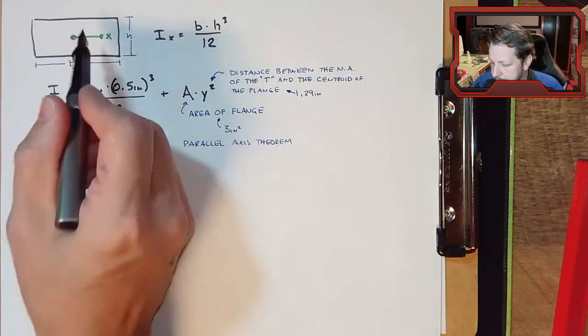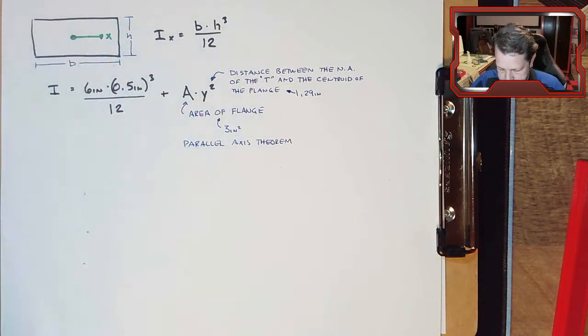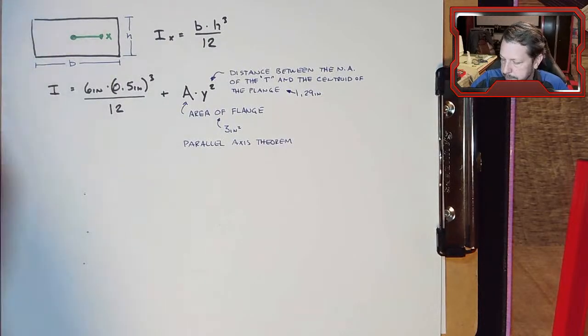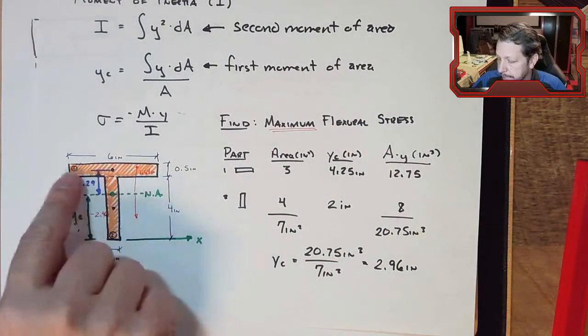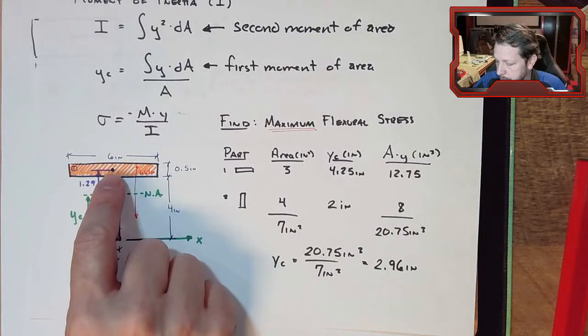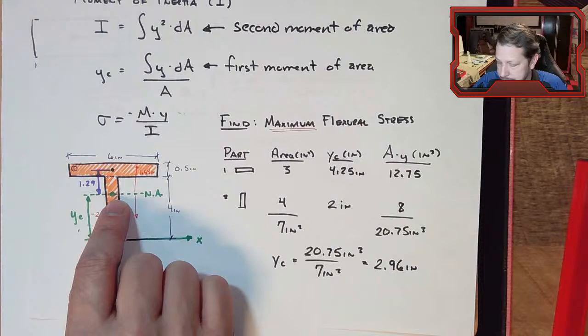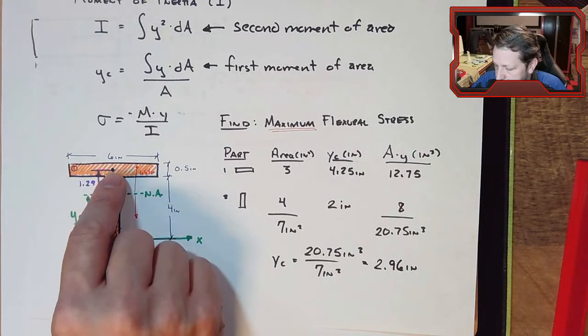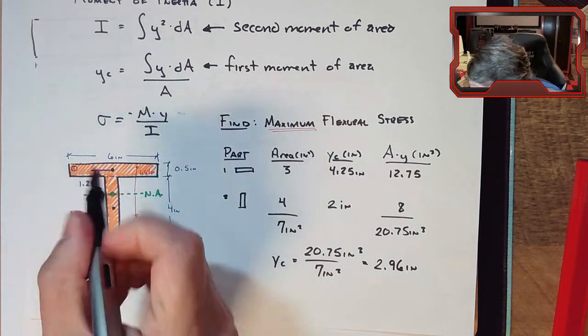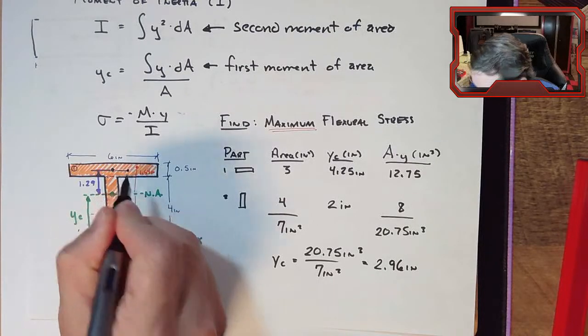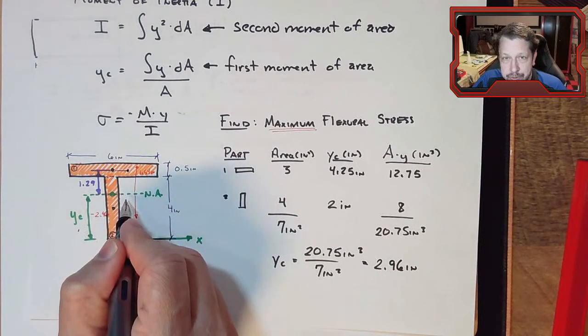We are making the adjustment that, yes, this flange has a moment of inertia about its own axis, but when the beam is bending about the neutral axis, I need to take into account that the axis through the centroid of the flange is not at the neutral axis.